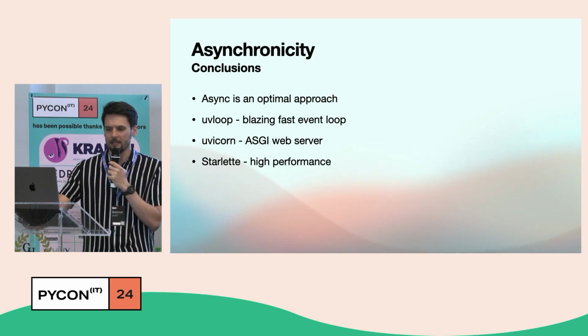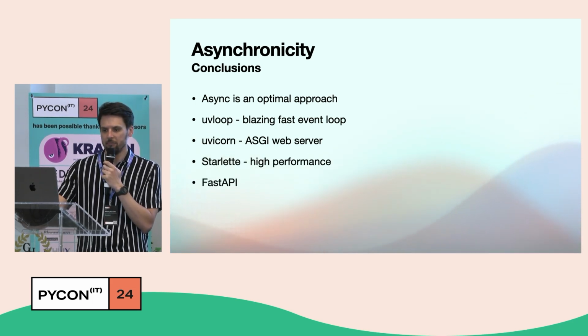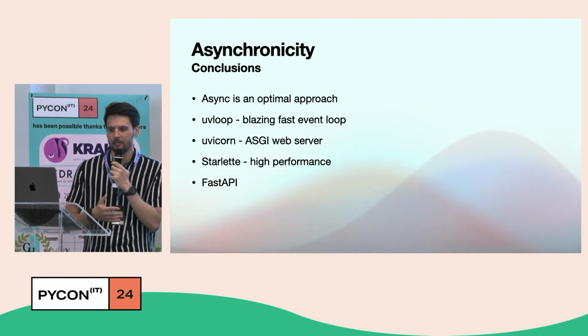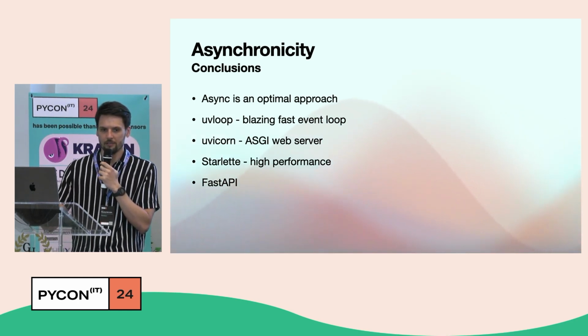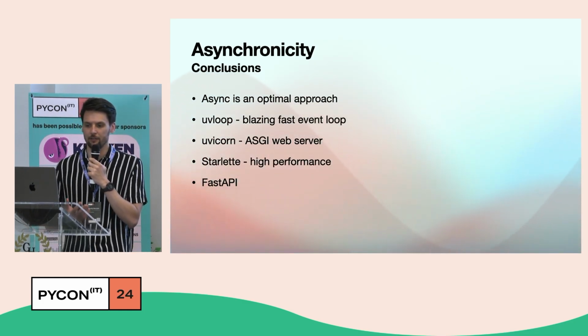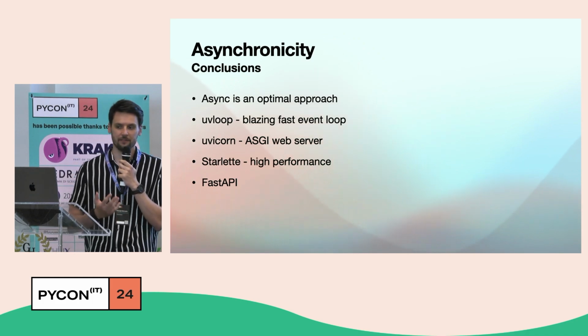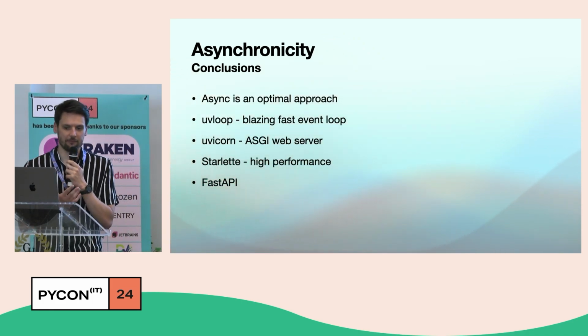Starlette is an ASGI framework which is highly performant. And FastAPI derives from Starlette and leverages Uvicorn as ASGI. So as you can see, every block that is used in FastAPI is really fast, and also FastAPI leverages the benefits of asynchronous programming. Therefore, FastAPI is indeed performant.